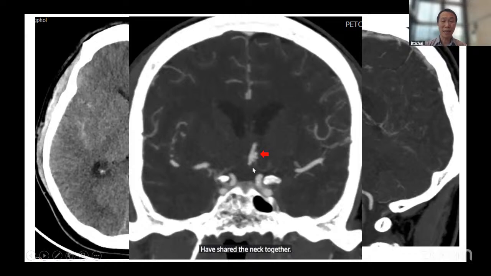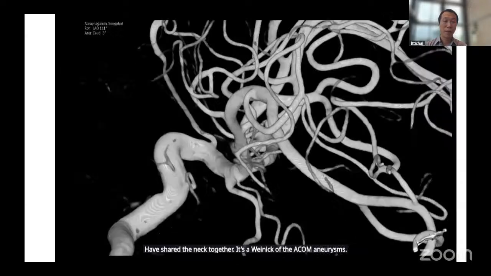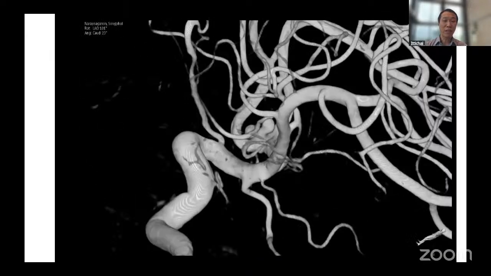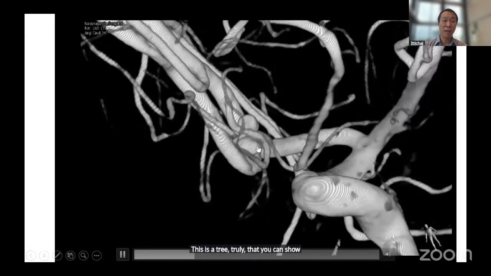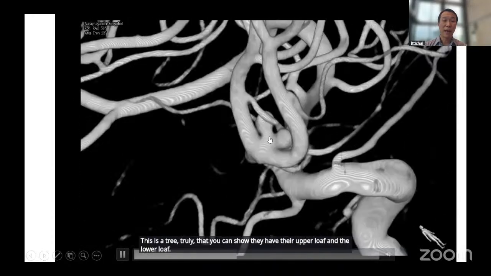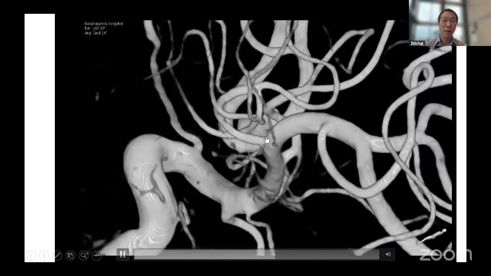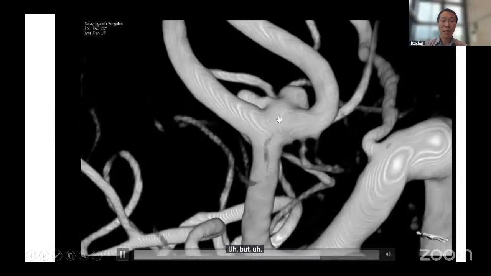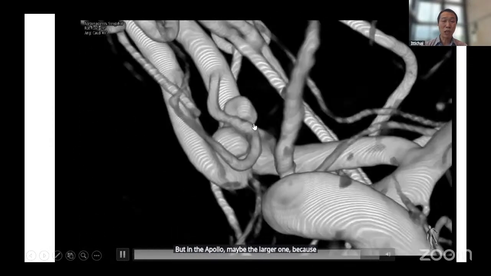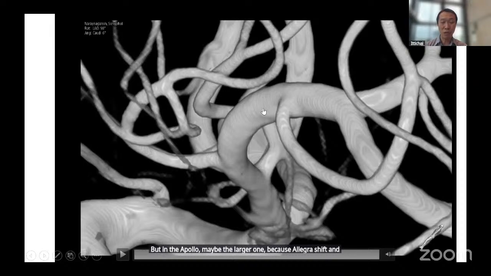It's a wide-neck ACOM aneurysm. On the 3D, you can see the upper lobe and the lower lobe of the ACOM aneurysm. But the upper lobe may be the ruptured one because of the irregular shape and irregular wall of the aneurysm.